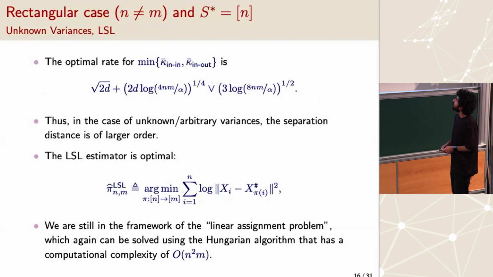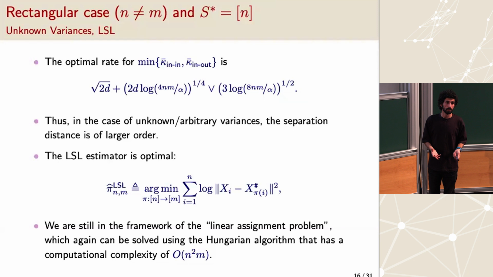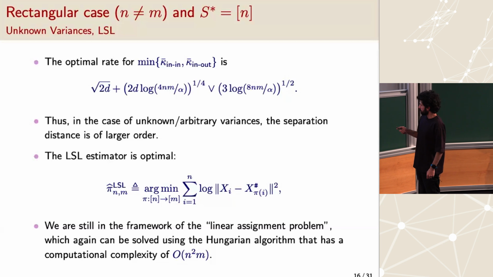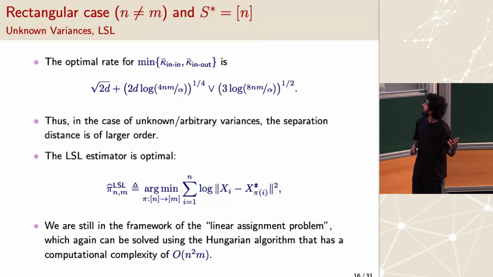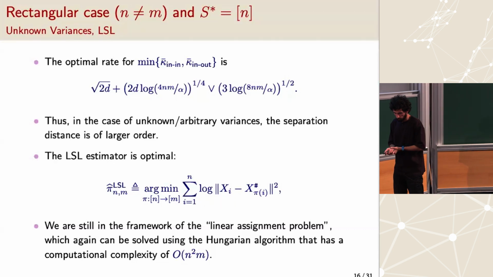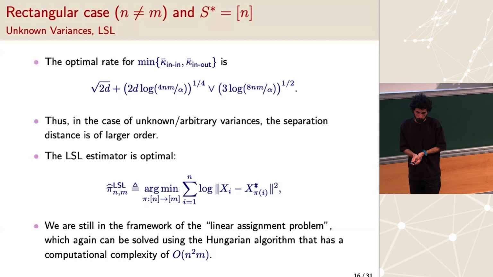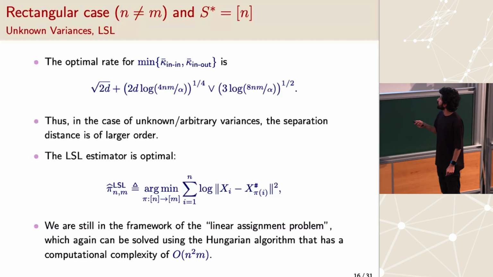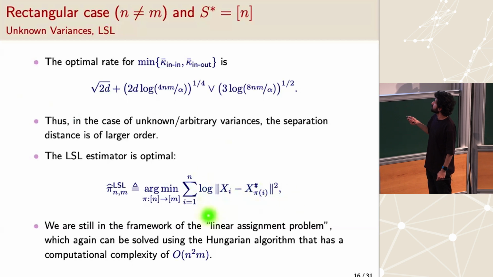And for this estimator, in the case where the variance is unknown, the rate changes by having an additional term that is square root of d. So in the high dimensional regime, the rate is square root of d instead of d times log n to the power 1/4, and the separation distance is of larger order. The estimator is the minimizer of the log of the distances squared.